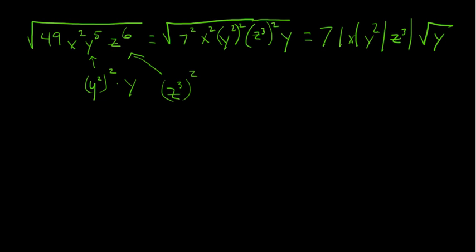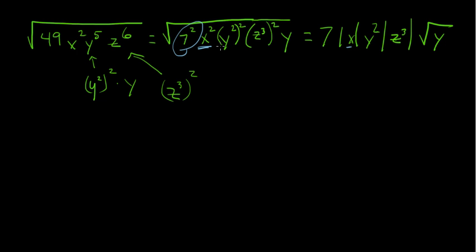How did we do all that? 7 squared is 7. I don't have to worry about making that absolute value because it's not negative, so it's just positive 7. I don't know what x is. x might be negative 4, so I can't say that this equals x. I have to say it's the absolute value of x because of the rule we just talked about.